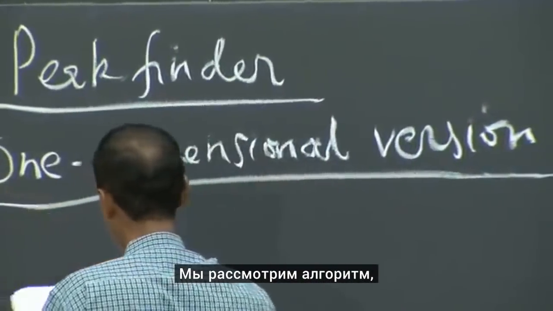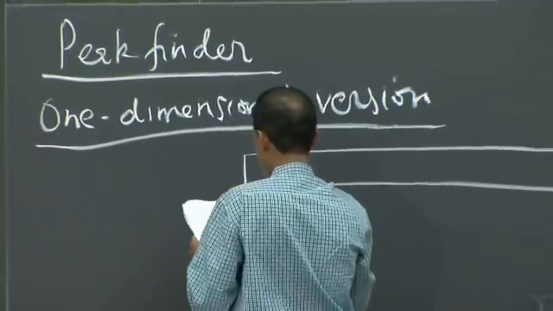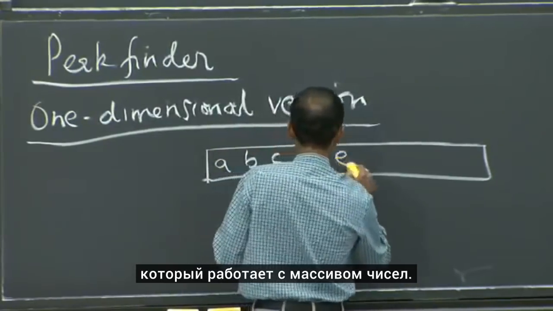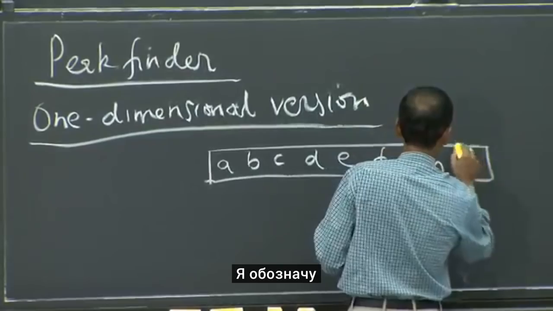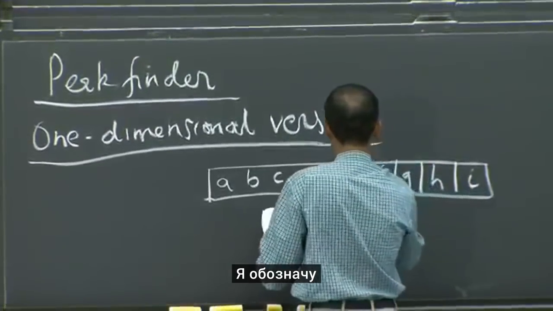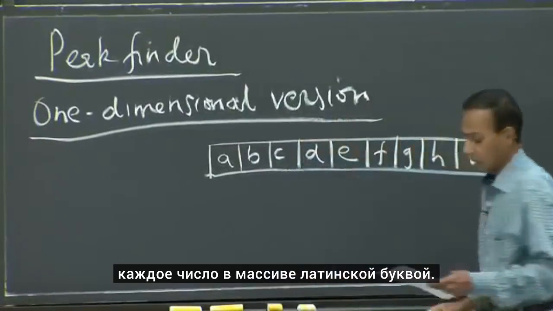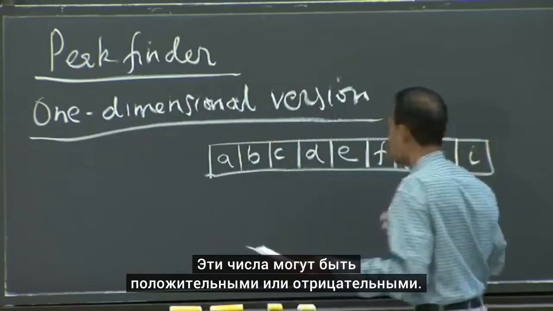And a peak finder is something, in the one-dimensional case, that runs on an array of numbers. And I'm just putting symbols for each of these numbers here. And the numbers are positive, negative.